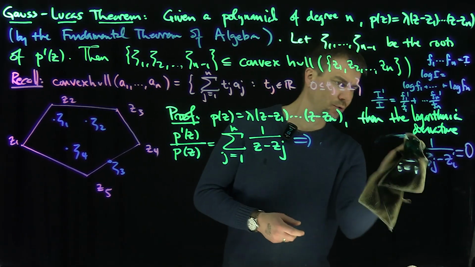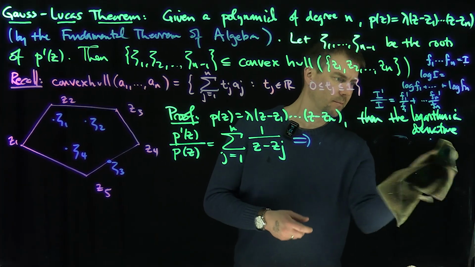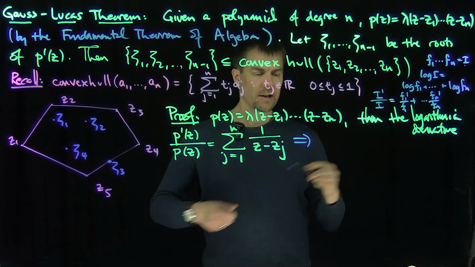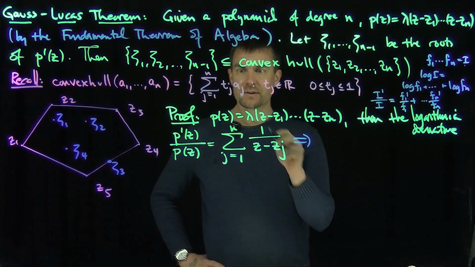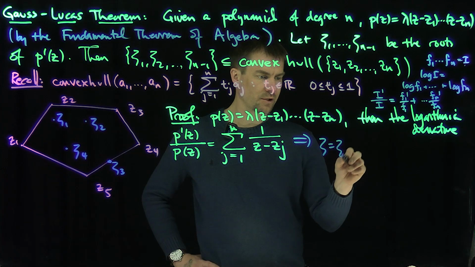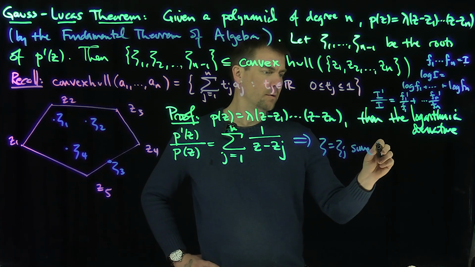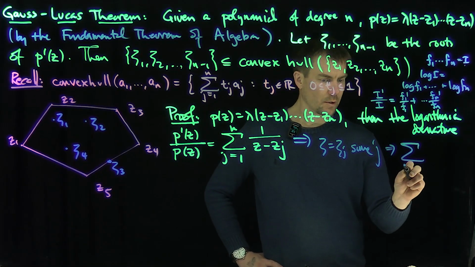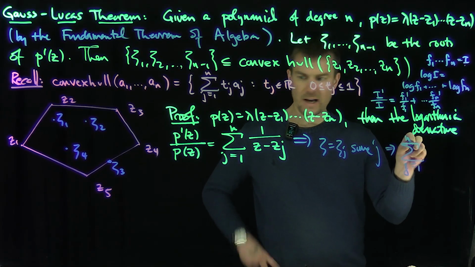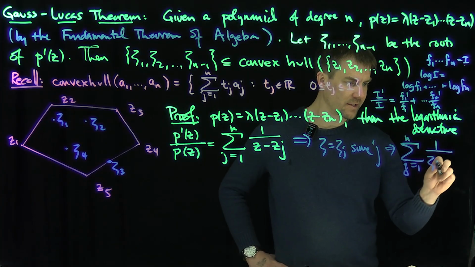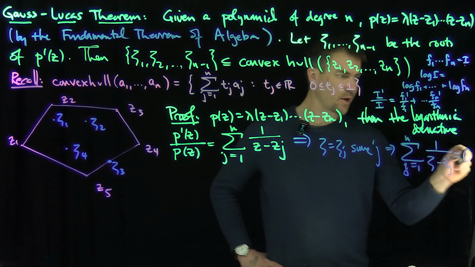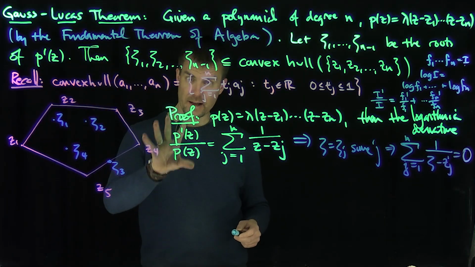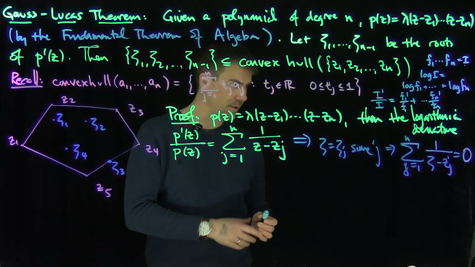Let's just treat zeta as any one of those zeros. We don't actually need the index over here. So let's modify this to make our life a little easier. If zeta is equal to zeta j for some j, then the sum, j goes from 1 up to n, of 1 over zeta minus zj is equal to 0. I just plug in zeta over here, and it has to be 0. Good.